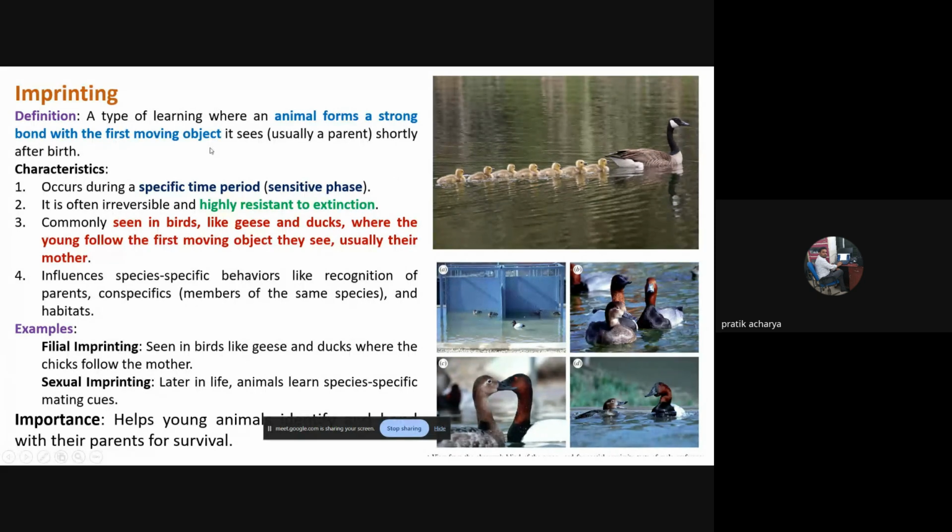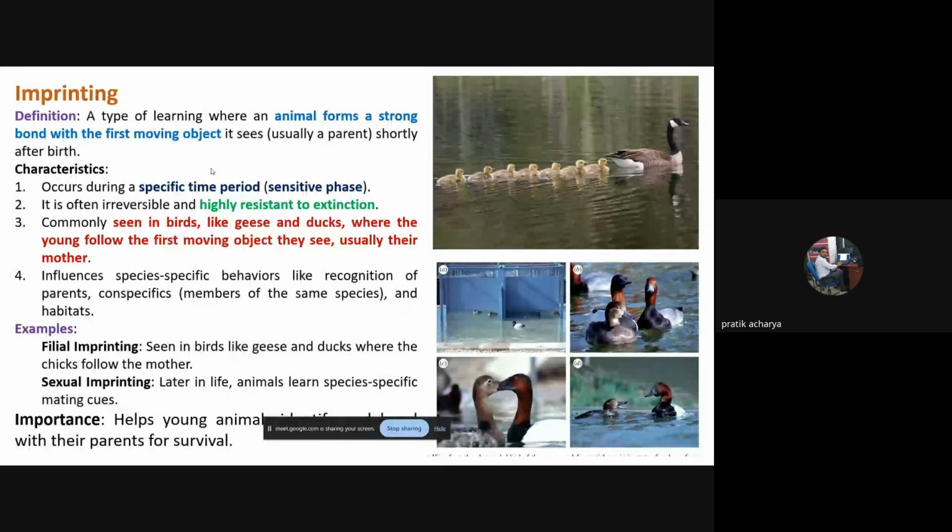That means animals basically learn from their parents. For newborn organisms, their parents are the fast moving objects. That's why the offspring or newborn always follow the parent's pattern.